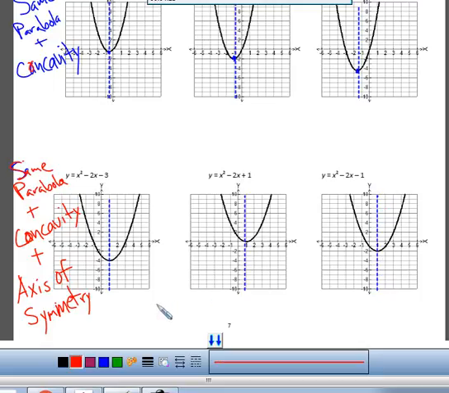So the axis of symmetry is the line x equals 1. What's different? They all have a different vertex, or vertices. This point right here is different for all three. Okay? Alright, so that's all we're going to talk about on page 7.